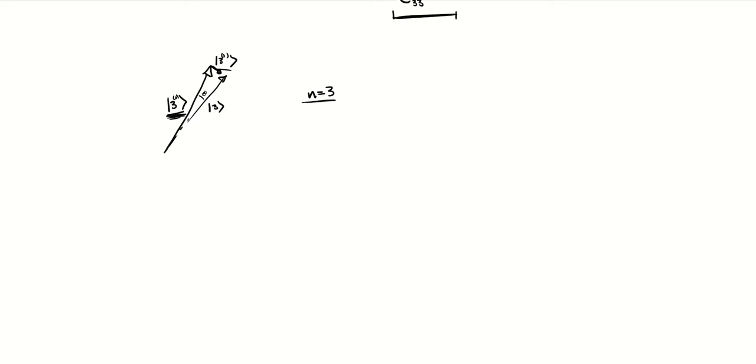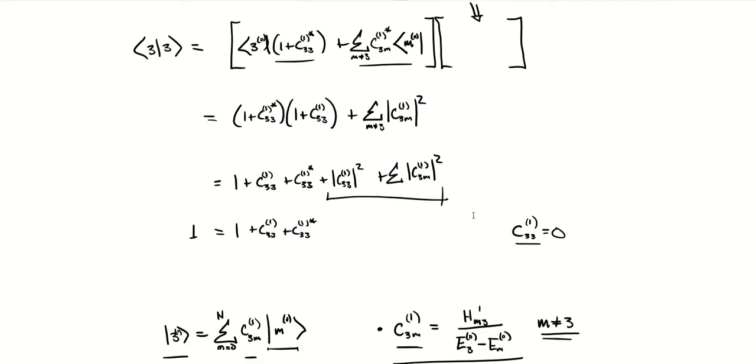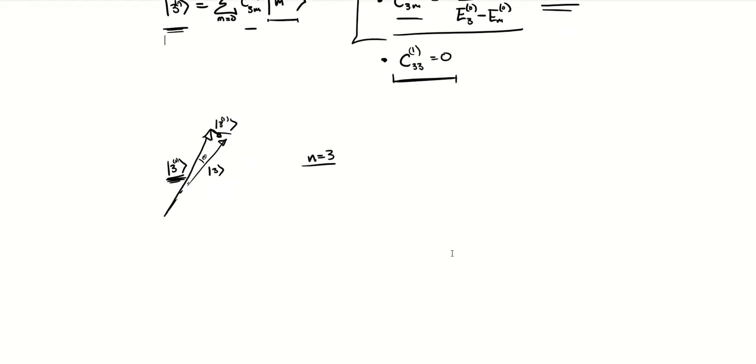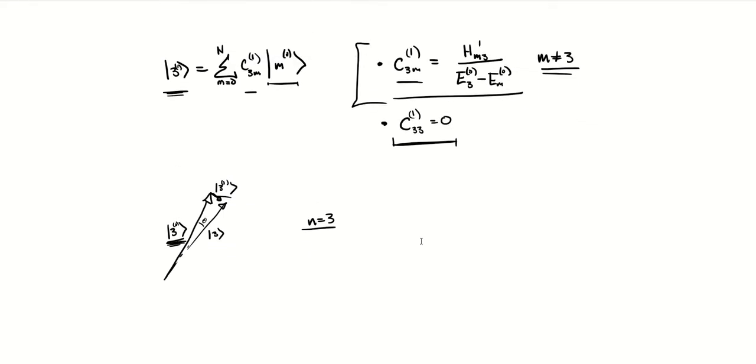In general, we have this equation for our coefficients in the first order correction. So writing that in general, if we want to find the correction for an arbitrary nth state, those m components are going to be H'mn over En0 minus Em0, the difference in the unperturbed energy levels.